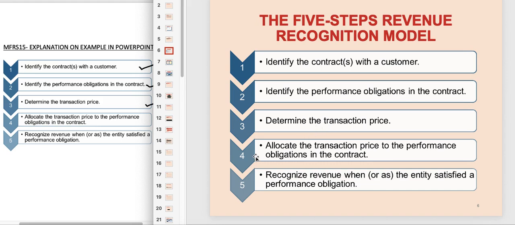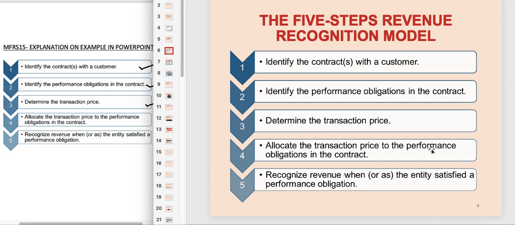Step 4 is to allocate the transaction price to the performance obligation in the contract. So step 4 is actually you have to refer back to step 2. If in step 2 you identify that the company has more than one obligation to the customer, therefore they need to allocate the transaction price to each of the performance obligations.